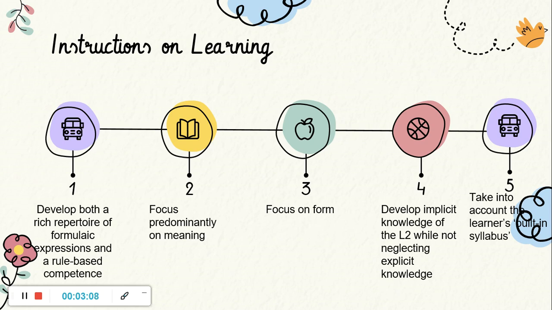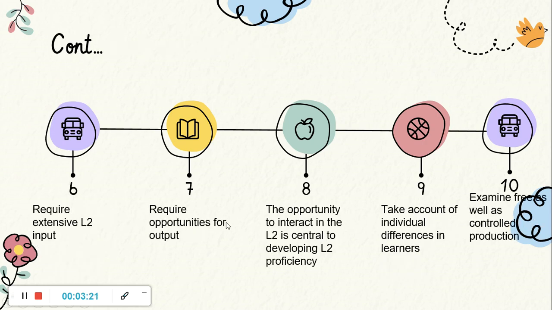Take into account the learner's built-in syllabus. 6. Require extensive L2 input. 7. Require opportunities for output. 8. The opportunity to interact in the L2 is central to developing L2 proficiency. 9. Take account of individual differences in learners. And 10. Examine free as well as controlled production.